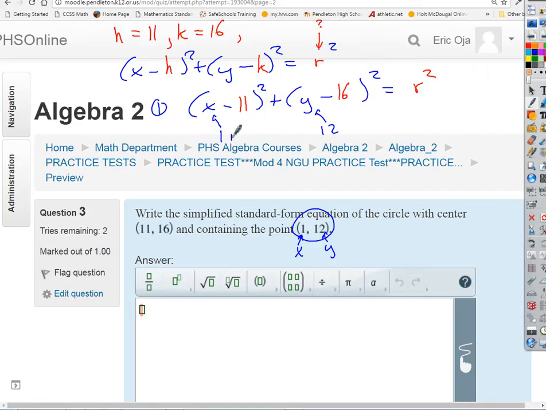So that term just becomes 100. What's 12 minus 16? Negative 4 squared is 16. So all that becomes 16. So that's what's equal to r squared, right? So that's just 116. So now I've got everything I need. I've got h and I've got k, and I've got a number to plug in for r squared. Do I even really need to know what r is? No, not really. r is just the square root of that number, square root of 116, right? So my answer then would just look like this.